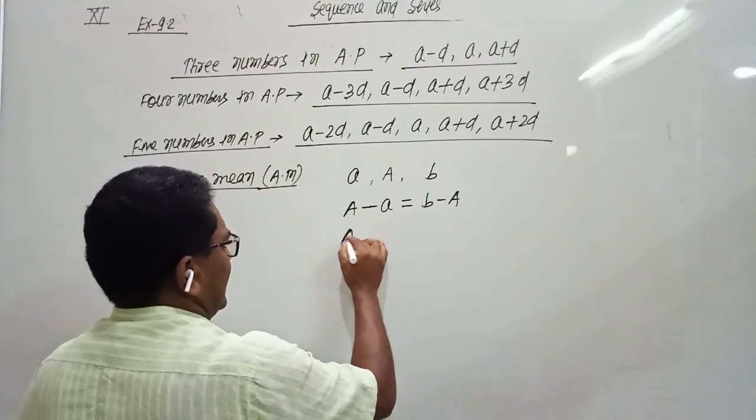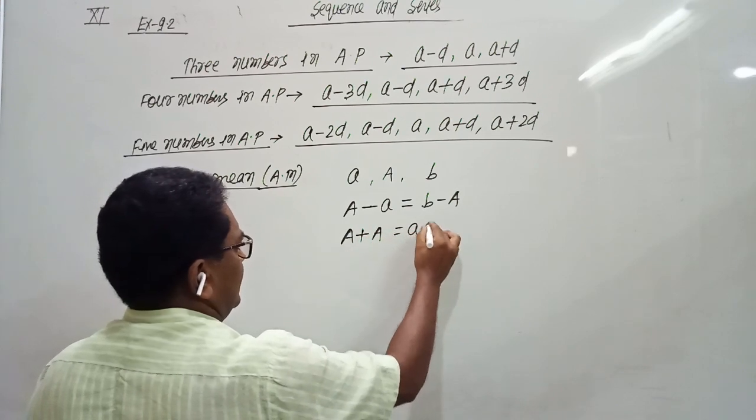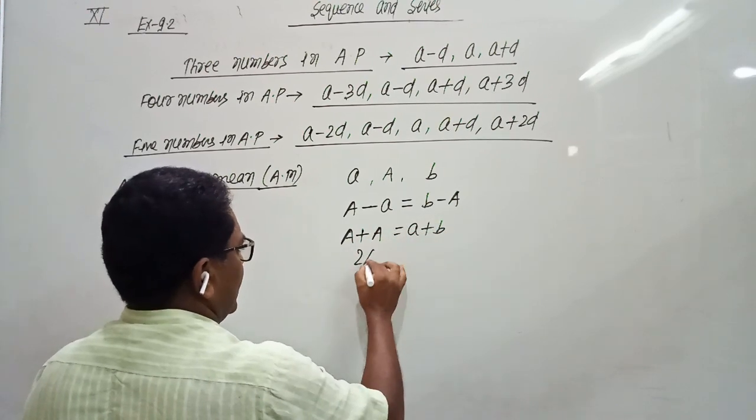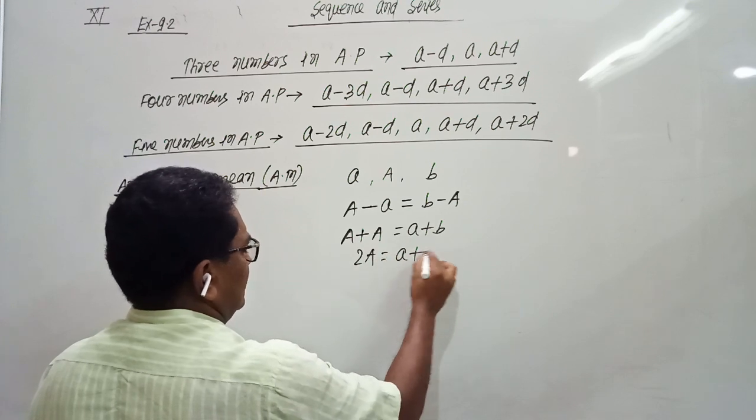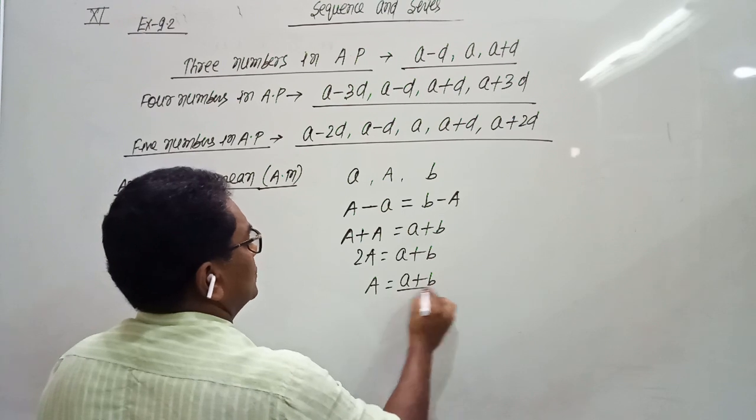So this A will go on left side, plus A, equals to a plus b, and 2A equals to a plus b, and A equals to (a plus b) by 2.